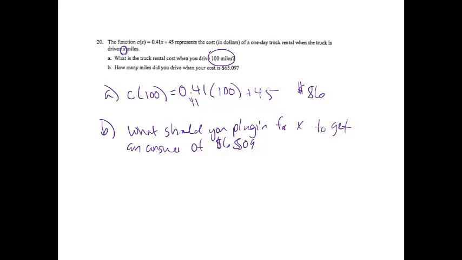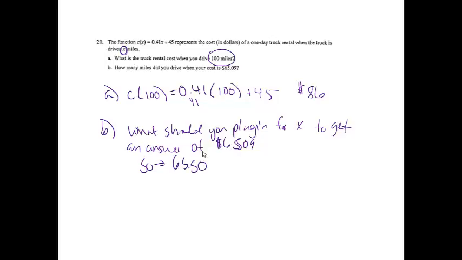Okay, so now just kind of thinking about this, we know for 100 it was $86, so it's going to be less than that. So let's try 50. So if we try 50, we're going to plug in 50. So we'll do 0.41 times 50, and then plus 45. And I did pretty good. I got 65.50, I think.